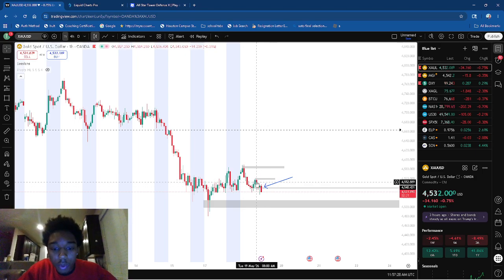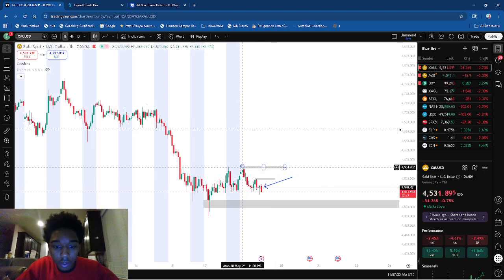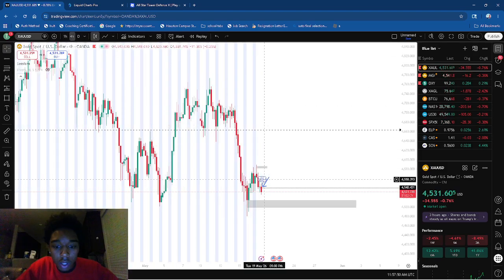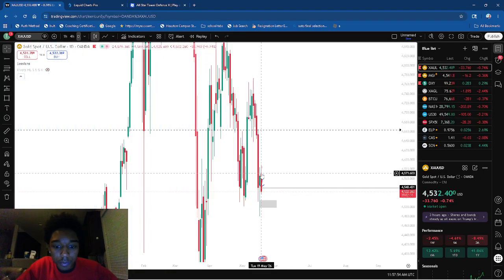But we want confirmation. Now that we have a lower high and a lower low, we want to see that continue. Under this low, we can look for price to make a lower low, which is what it did. So at this entry, if you look at the other time frames, we're bearish on all of them.